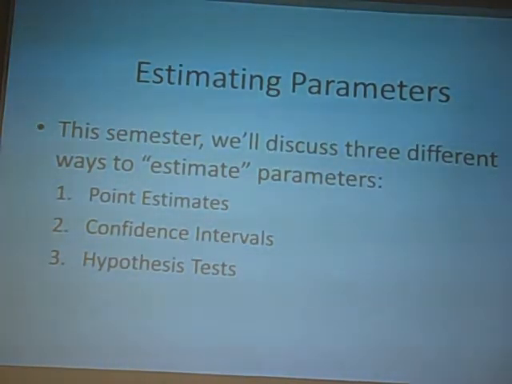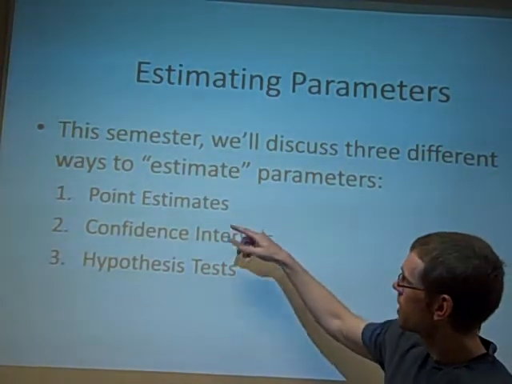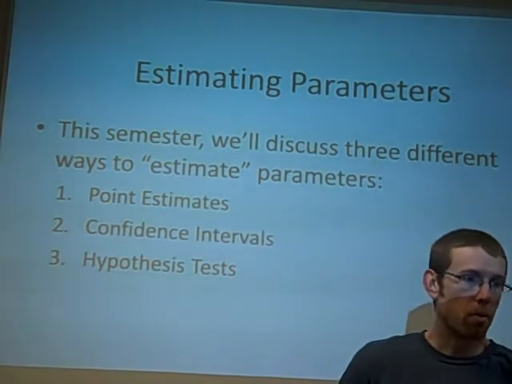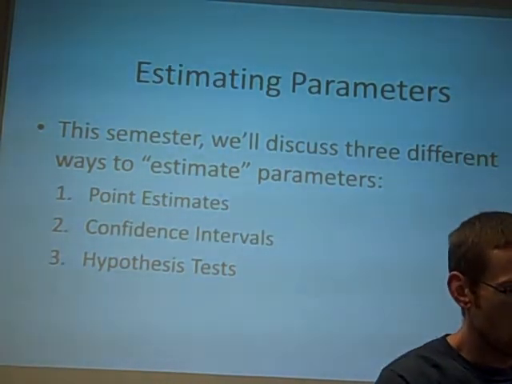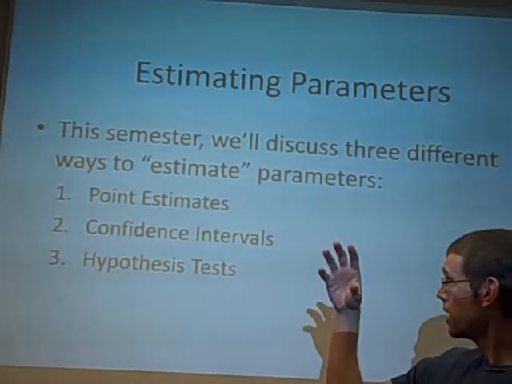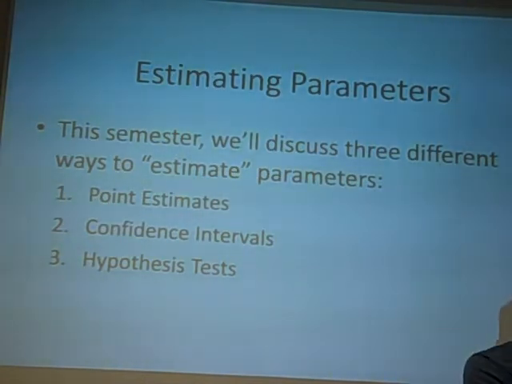To estimate parameters, we're going to look at three different methods. One of the methods we've already looked at. One way to estimate parameters is with what's called a point estimate, and a point estimate is the easiest, just exactly what it sounds like. If I want to estimate mu, the actual average of that population, maybe I could just use x bar as my estimate.